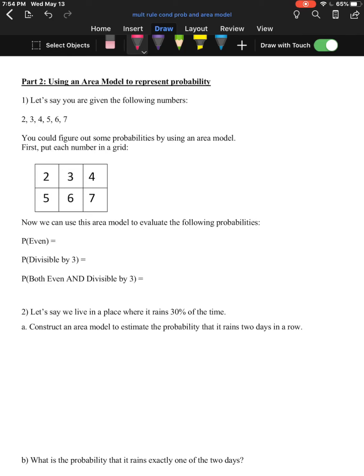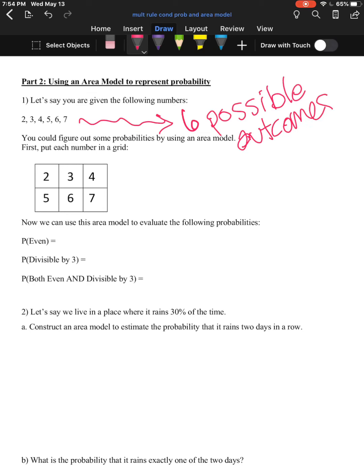You can also use an area model to represent probability. Let's say you are given the following numbers: 2, 3, 4, 5, 6, and 7. This is a total of 6 possible outcomes. All of them are equally likely.